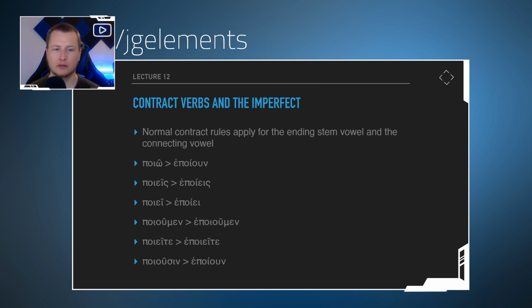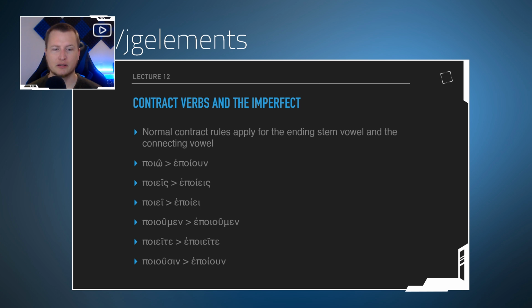Epoioun. Okay? Because an epsilon plus an omicron is ou, right? A crab plus a bomb is ooh, what a mess. So first person singular, epoioun.